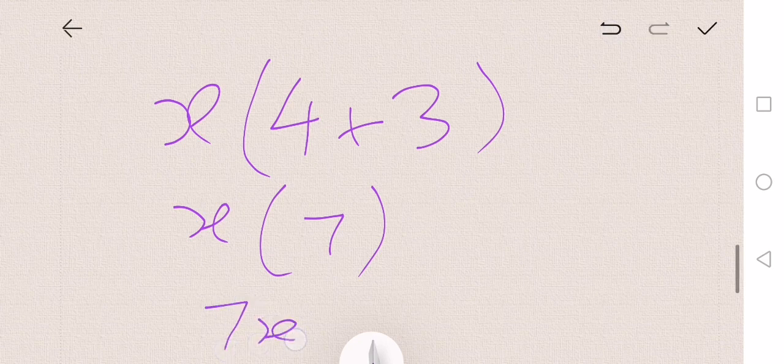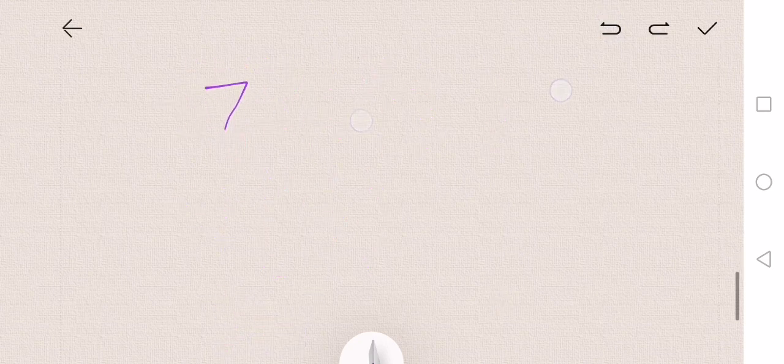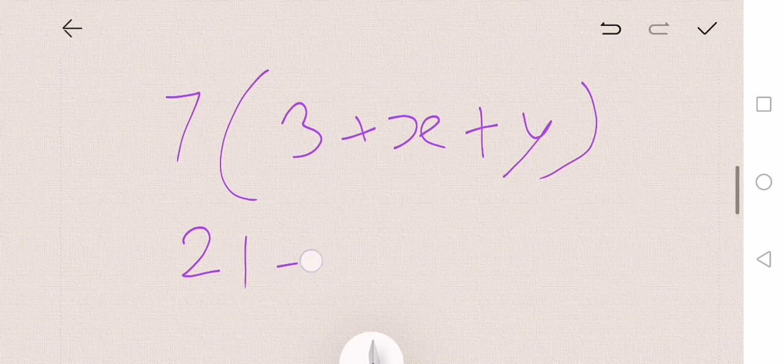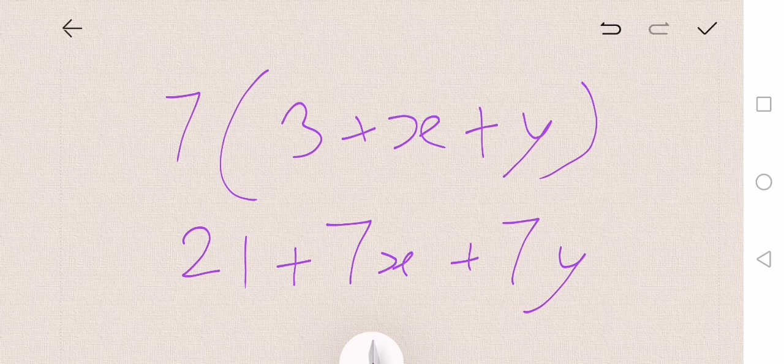So instead of doing that, I'll just do 7(3 plus x plus y). What am I going to do? This is 21 plus 7x plus 7y. Got it? Now, what about if I do something harder?